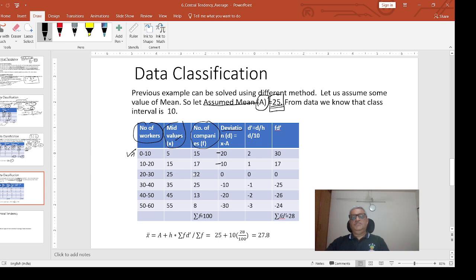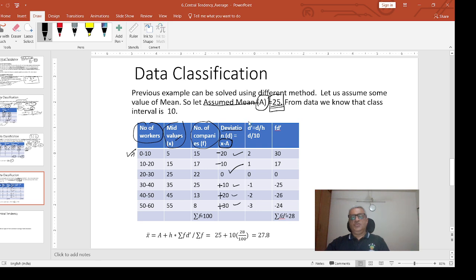I take 25 minus 25, this is 0. 35 minus 25, this is plus 10. I take 45 minus 25, this is plus 20. And I take 55 minus 25, this is plus 30. Sorry, this is my mistake. It has to be minus because 5 minus 25 is minus 20. So these figures are now correct.